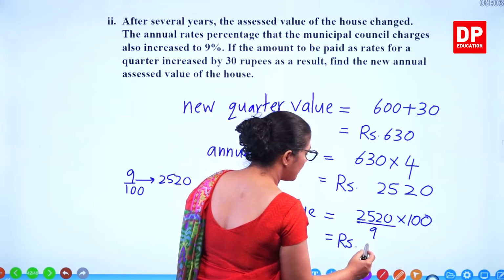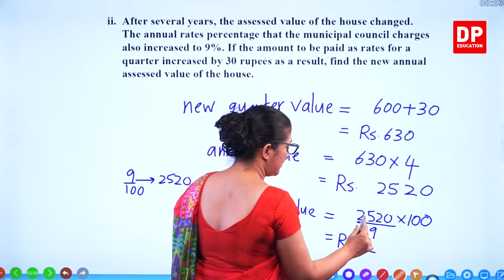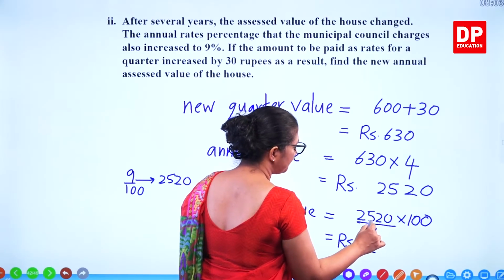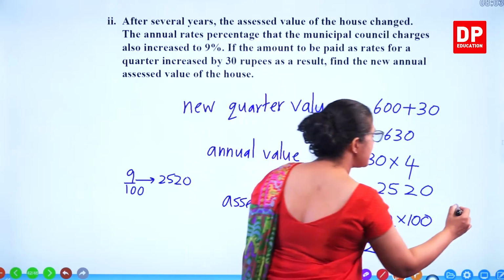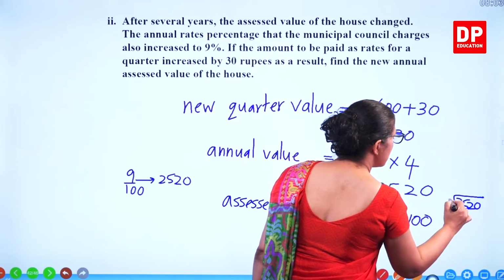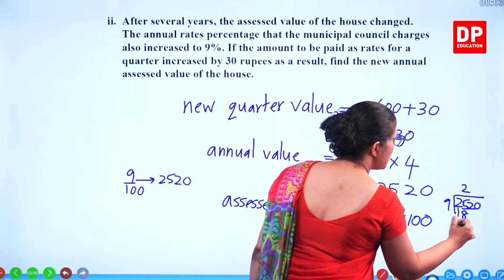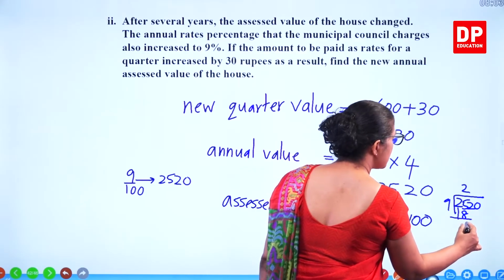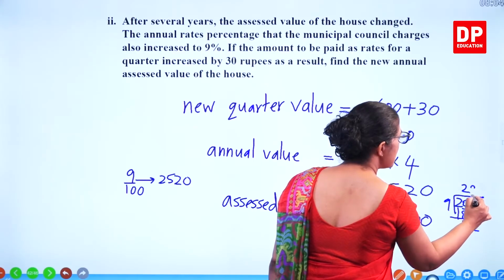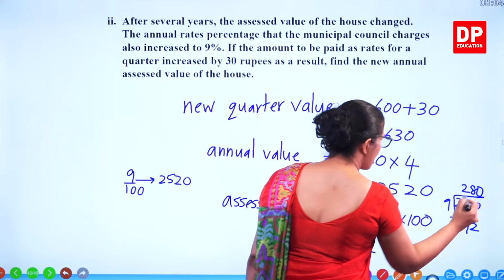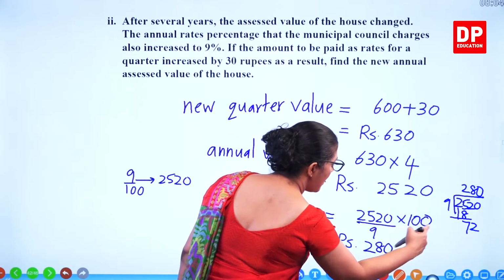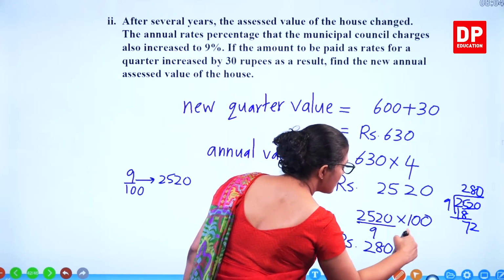9 times 2, 18. So you get 9 times 2, 18. So 25, 20, 18. So you get 7 here. So 72, 9 times 8. So 280 here and 2 zeros there.